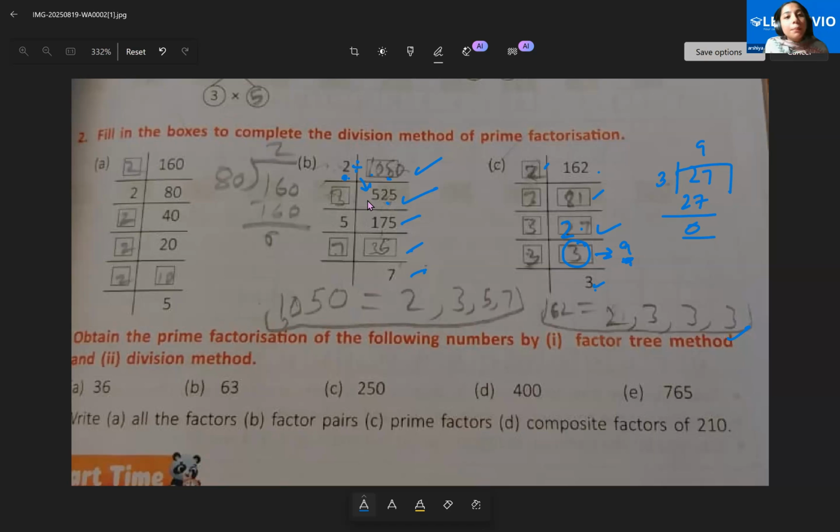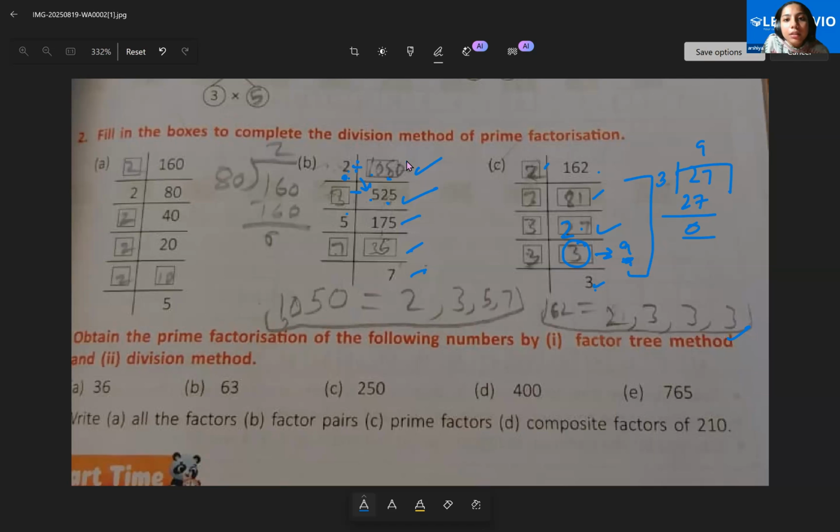If there is no number after this, then it's up to you which number you should divide it with. But in this case, you divided this and you got this. So what you should divide, you will divide this and this. Okay.